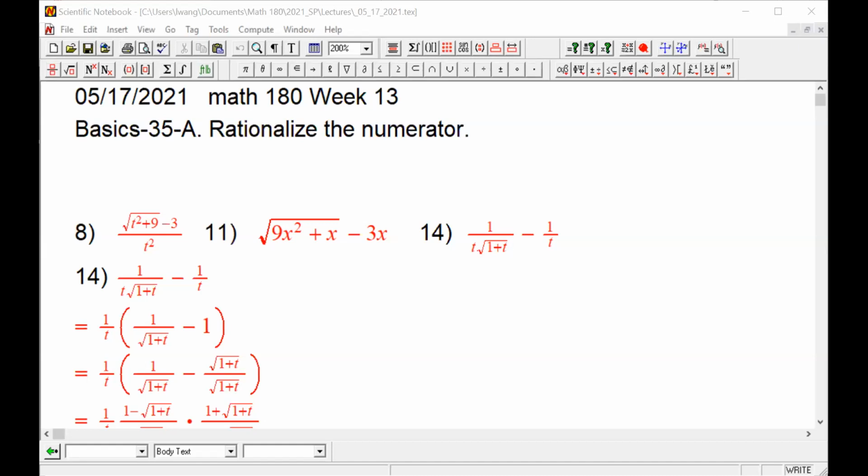Okay, notice that if you want to have more exercise, there's a basic 35B. And next time, which is tomorrow, I want to get to basic 36.